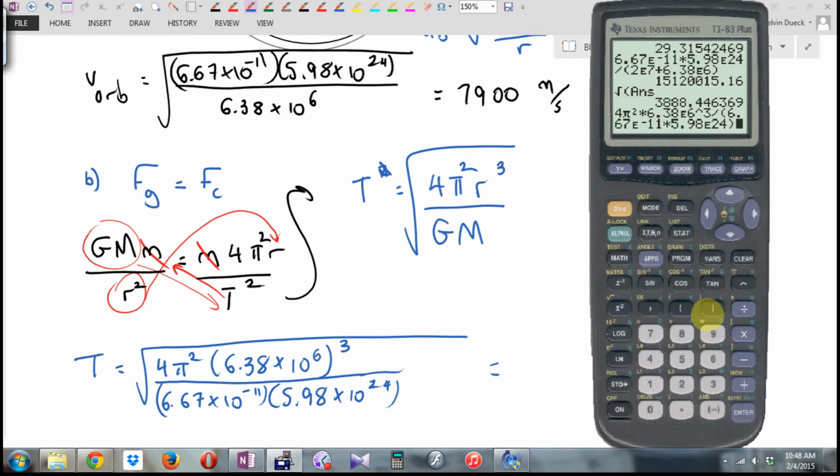First, let's see if I type this right. 4 pi squared r cubed. I'm not sure if I need to put it in brackets or not. I'm going to try it without, and I'll find out on my calculator how my calculator works. And then I square root, and I get 5,070 seconds.